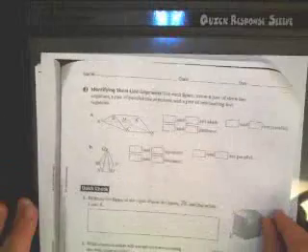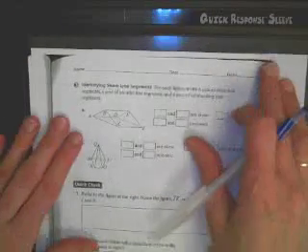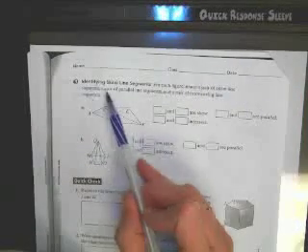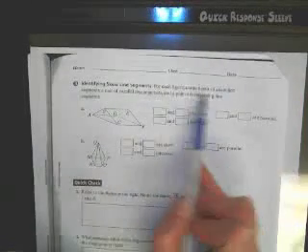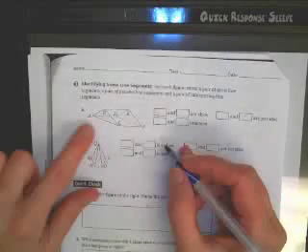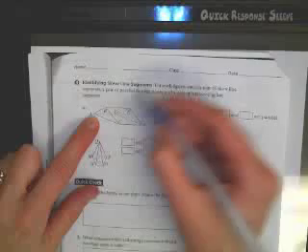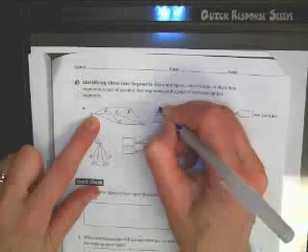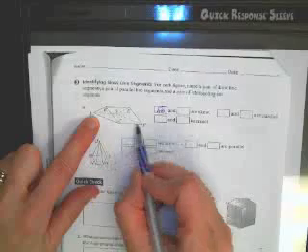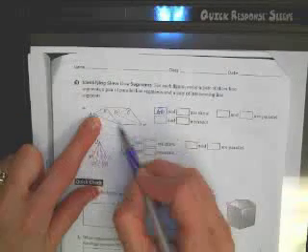Okay, let's look at a couple of examples. Oh, I'm sorry. Yes, we do still have another example, my bad. All righty. It says identifying skew line segments. For each figure, name a pair of skew line segments, a pair of parallel line segments, and a pair of intersecting line segments. Okay, so an example of skew line segments might be segment AB and segment CF. CF is down there.